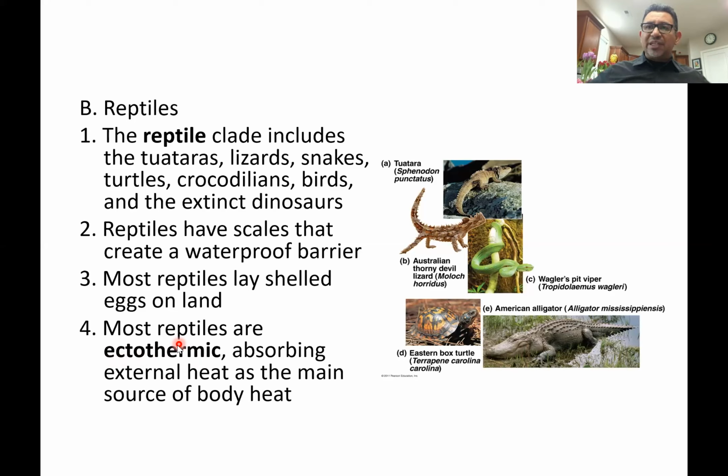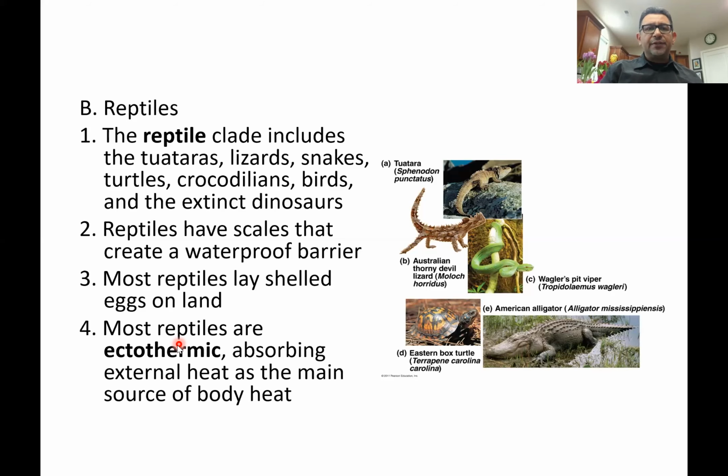So they have to rely on external sources of heat, such as direct exposure to sunlight, basking in the sun, or sometimes at nighttime you can see reptiles coming to the pavement, which has been heated previously during the day by the sun, and they can absorb radiation by direct contact of the skin with the pavement, and it's how they can warm up their bodies.